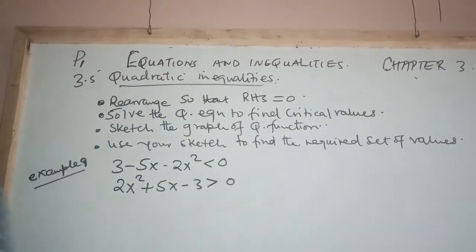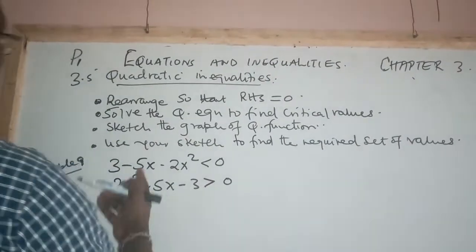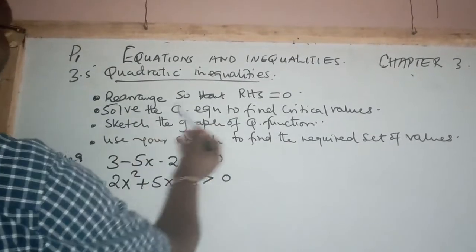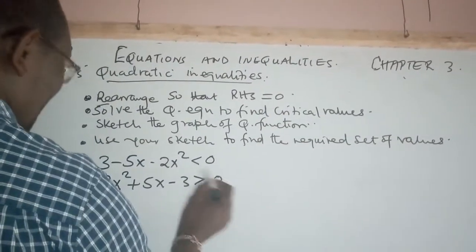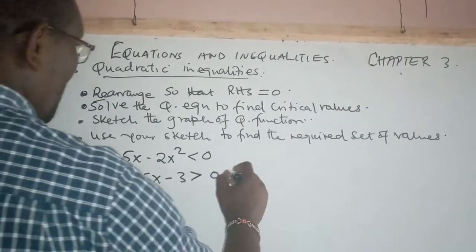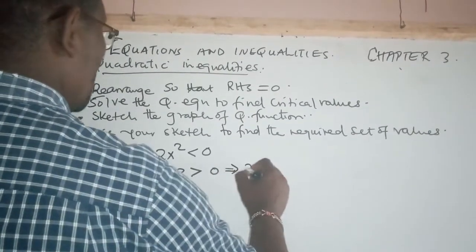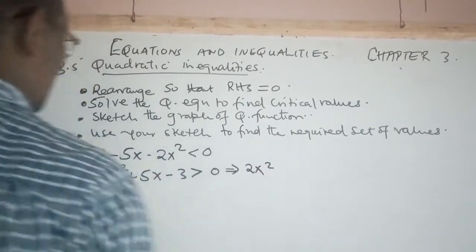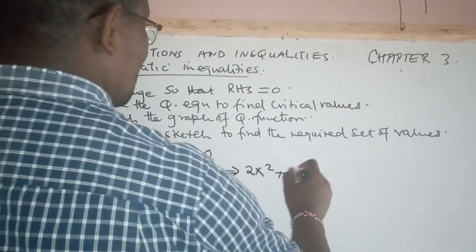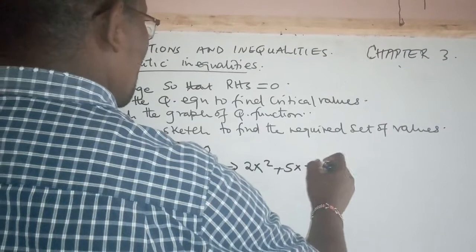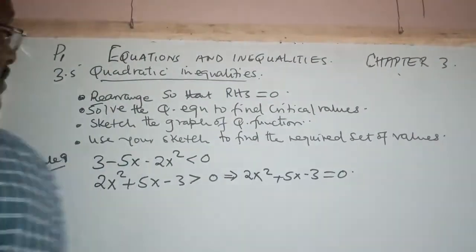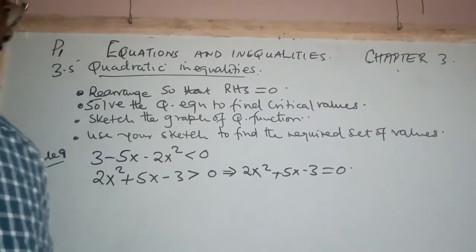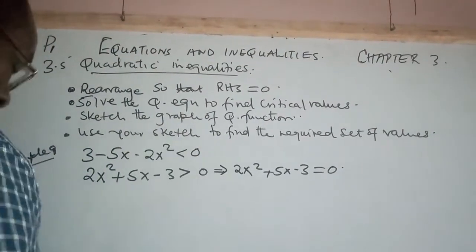So when we solve these critical values, before we rearrange, we have rearranged that it is greater than. Put this in mind, it's supposed to be greater than. This one gives birth to 2x squared plus 5x minus 3 equals 0. It is this equation that we are going to solve and find its critical values, and of course, sketch.